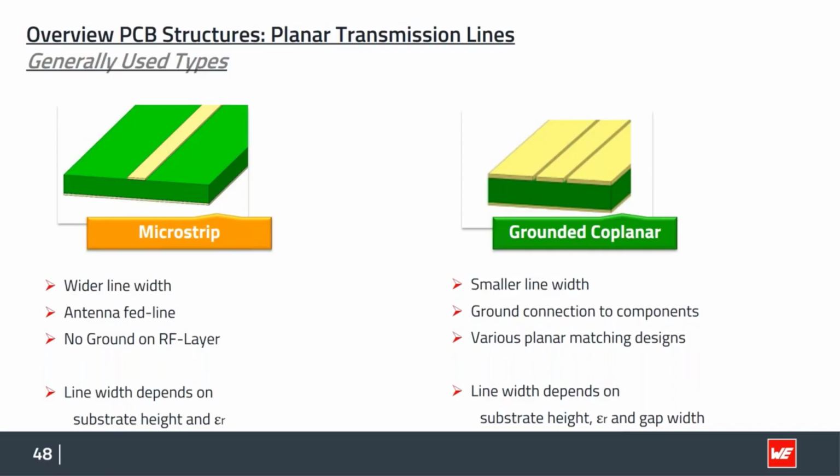We can also compensate the parasitics on the capacitive side that come in with the connection of the additional parts easily on the ground plane. And so we have a lot of options for planar matching designs. And the line width here depends not only on the height of the substrate and the epsilon R, but also on the width of the gaps between the signal line and the ground lines.